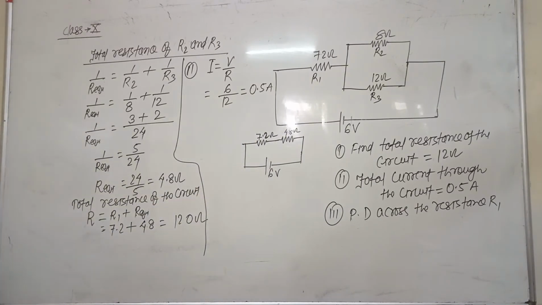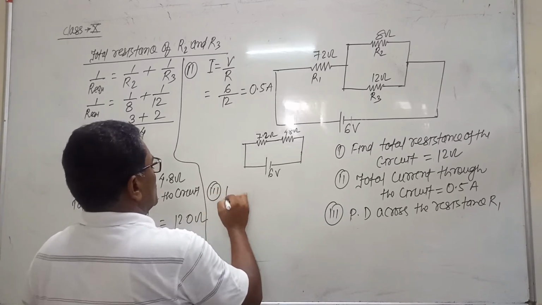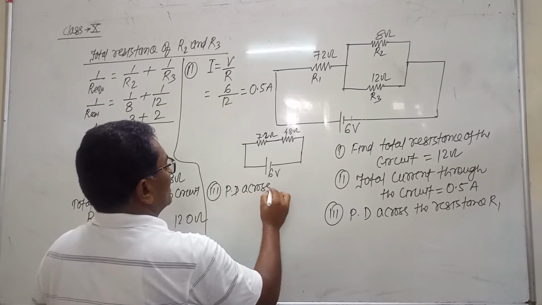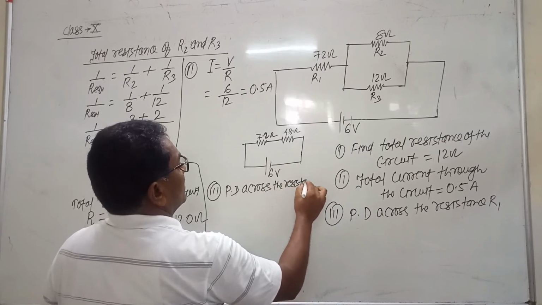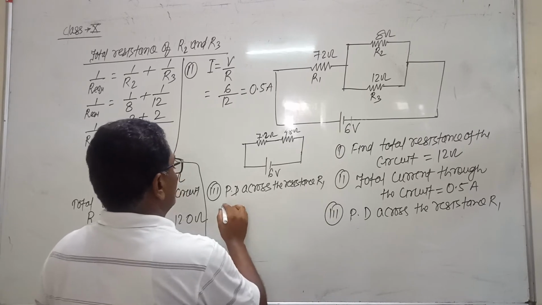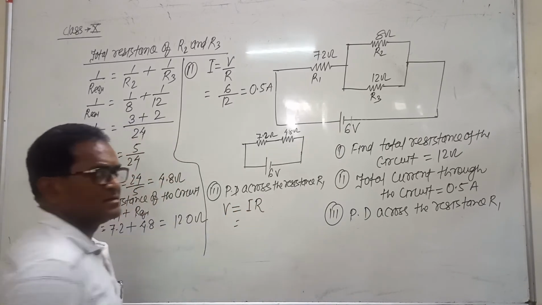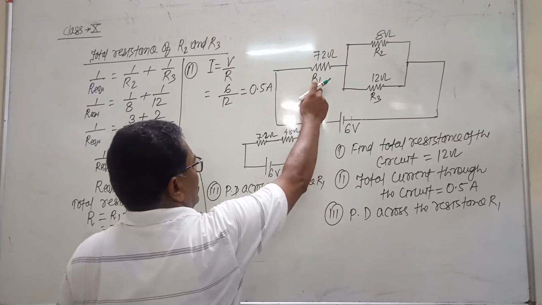Now we have to calculate the potential difference across the resistance R1. So third part, potential difference across the resistance R1. We use the formula V equals I into R. I is the total current and R is the resistance in R1.